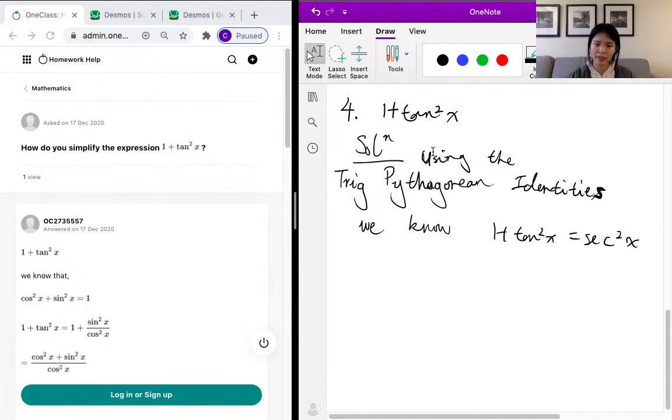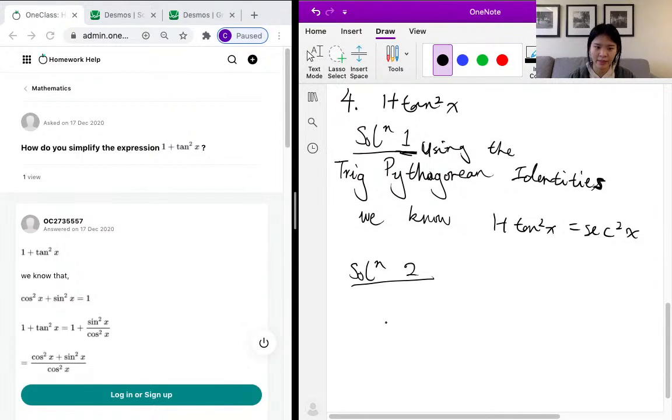Okay, this is our solution number 1, and let's do solution number 2, which is actually proving the trig Pythagorean identities, or one of them. So basically, we just need to simplify this expression. First, let's rewrite the expression.